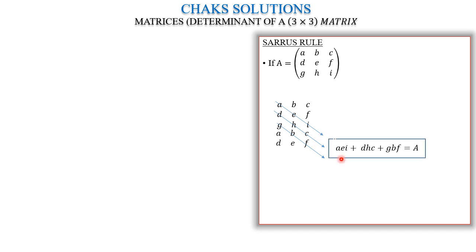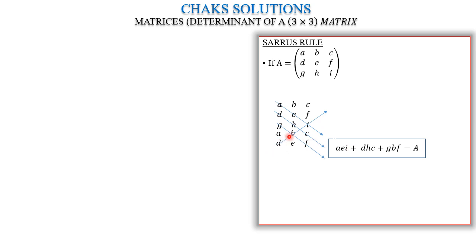So this is A times E times I, plus D times H times C, plus G times B times F. This will give me a certain value A. Then I also find from the bottom.